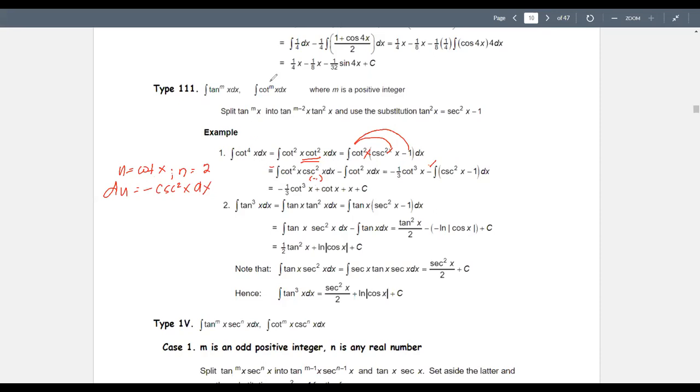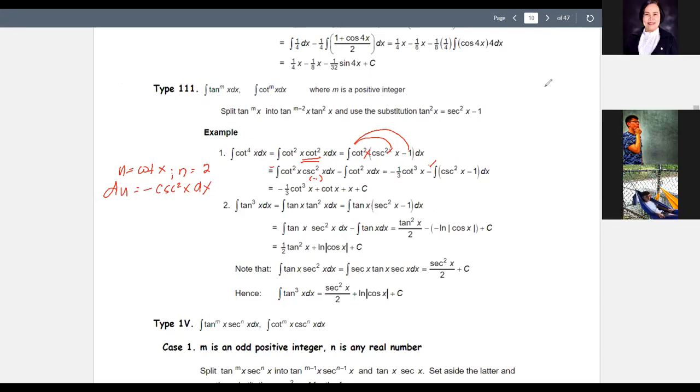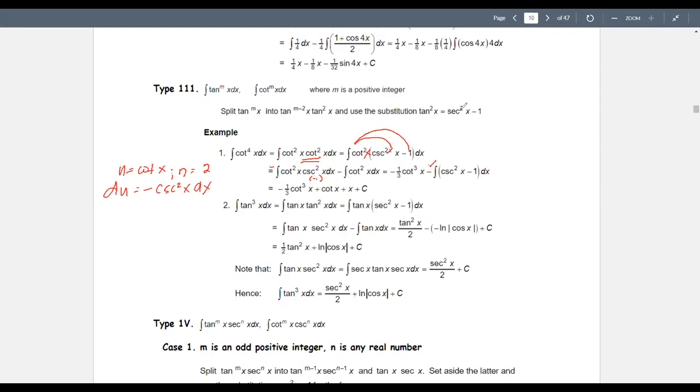So in here, what you made use of are the equivalent identities of the tangent squared and the cotangent squared. So what is written here, class, is only the tangent squared x identity. You can add to this the cotangent squared x, which is cosecant squared x minus 1. These are the identities that you can use depending on what particular function is given to you.